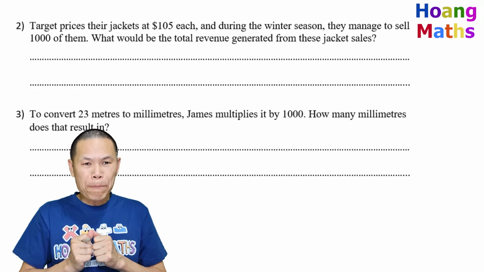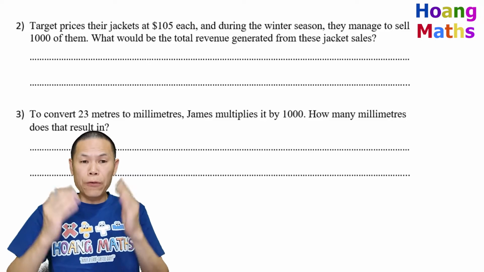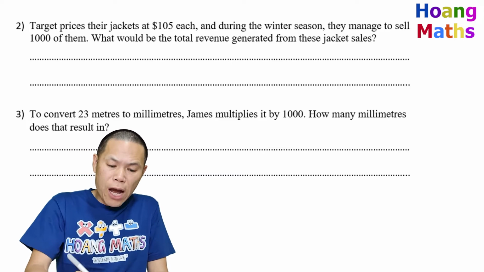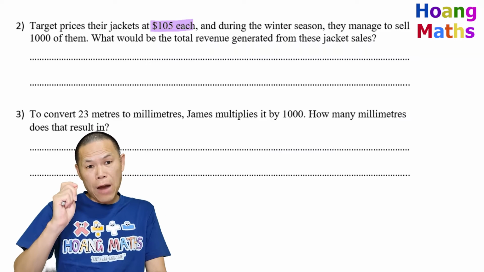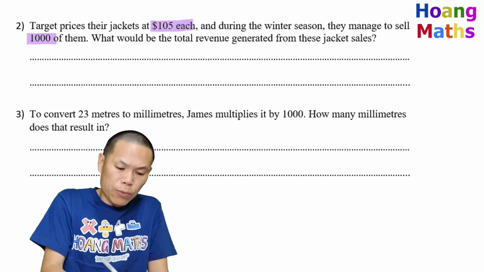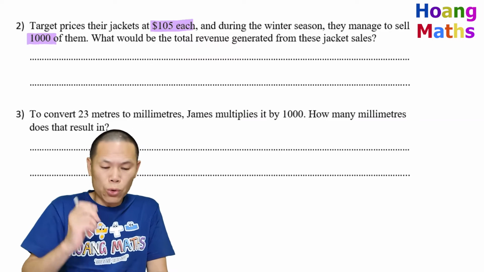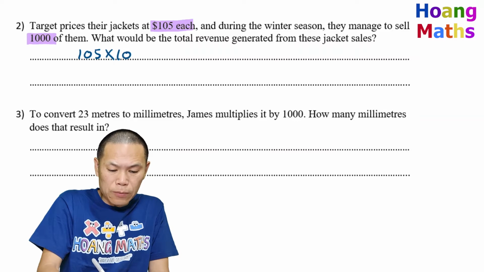Hi there, I'm back. How did you go? So let me just go through them with you. First of all, we know that the price of each jacket is $105, and they sold 1,000 of them. To work out how much altogether, we go 105 times 1,000.